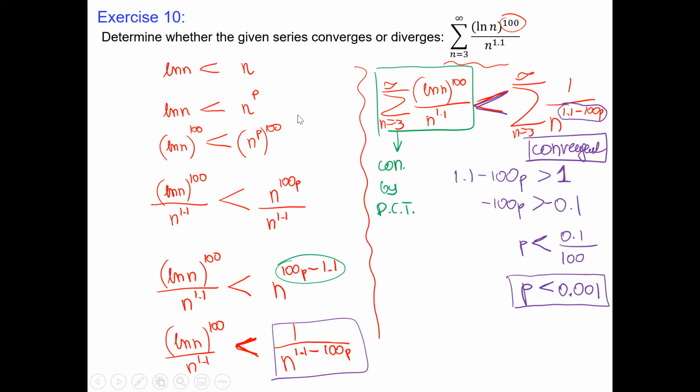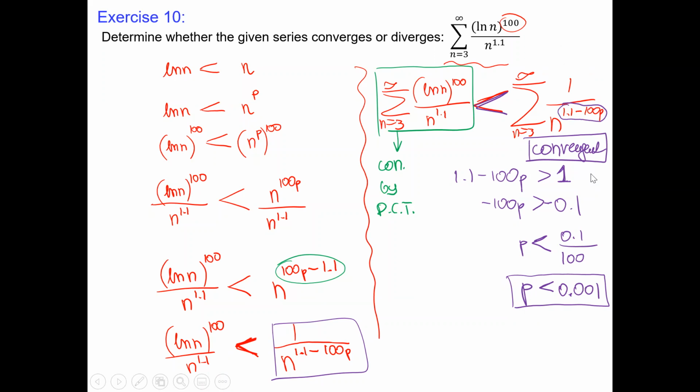If p is 0, we will have n to the power of 1.1, which we can also do, no problem at all. But any value of p less than 0.001 substituted here will give us a convergent series.